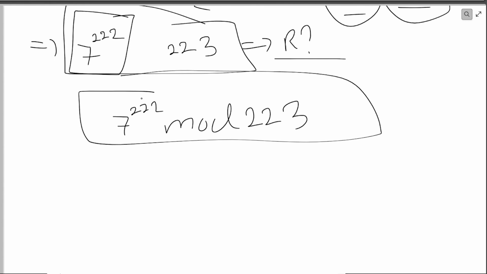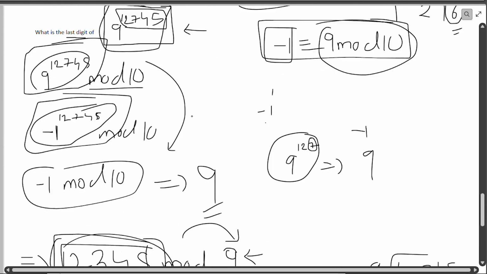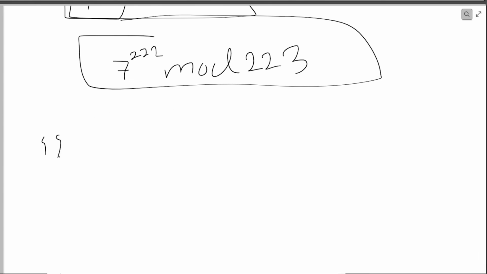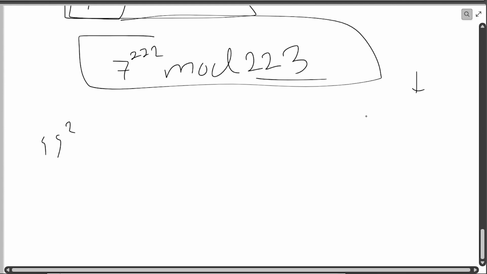So solving this seems pretty daunting even by the methods that we have learned till now. You can obviously just take 7 square, then you get 49, then take 49 square, you get some number which is bigger than 2 to 3, then you take the mod, and you get back to a number which is smaller, and then keep on repeating till you find the cycle.